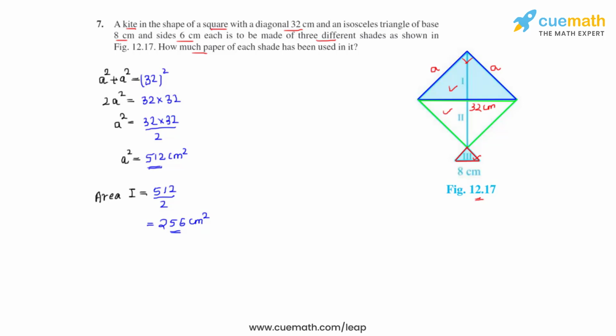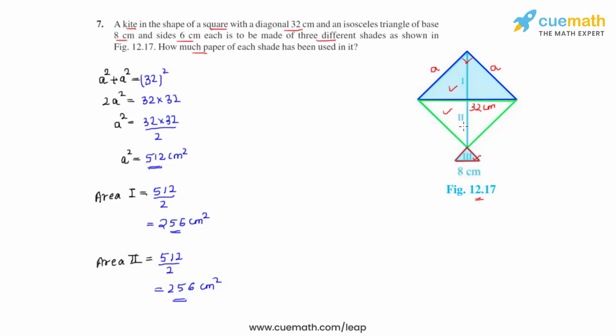Also, the area of region 2 will also be the same, that is 512 divided by 2, which comes as 256 centimeter square. So these are the areas, or we can say this much of paper has been used to make the triangle for shade 1 and shade 2.